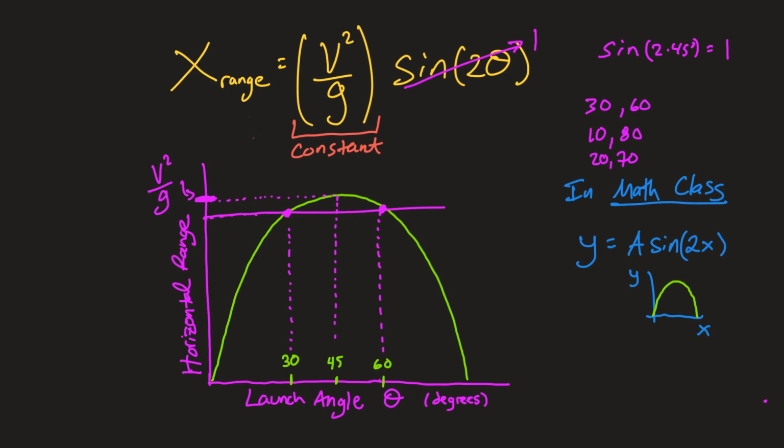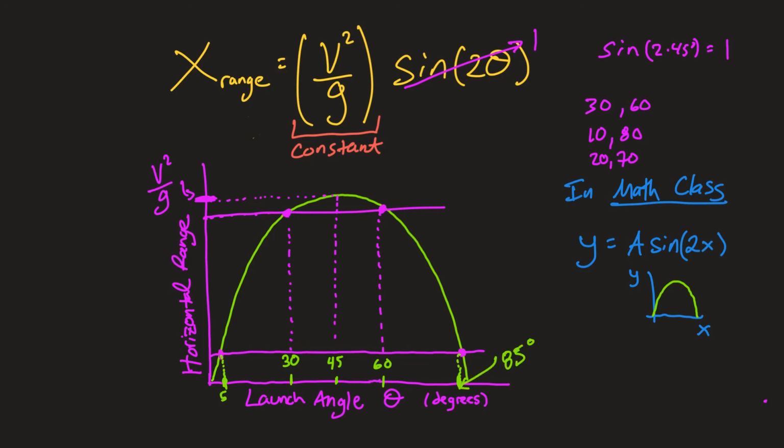Now you can do this for other spots as well. Imagine drawing another horizontal line, maybe something like this. And at that spot, if we went down and read off the angles, like what would that angle be? Sorry, it's getting a little messy there, but you'd have 5 degrees and you'd have 85 degrees for the angle.